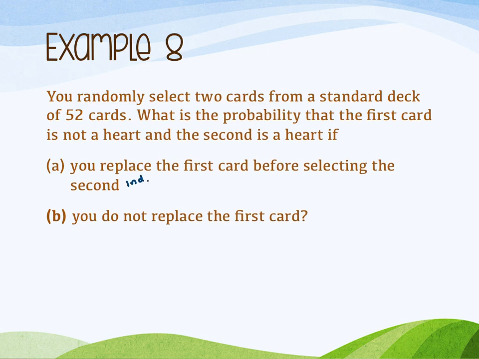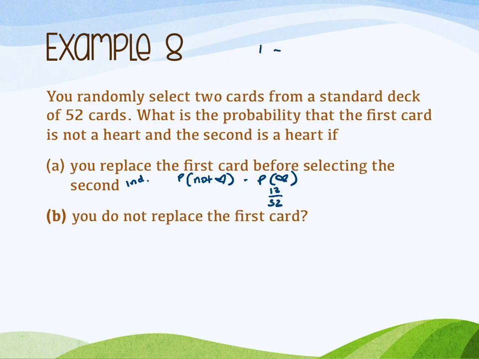It says first card not a heart, so we need the probability that it's not a heart, times the probability it is a heart. This is kind of where a complement might come into play. It's easier to count the hearts than the not hearts because there are more of them, right? How many hearts are in your deck? 13 out of 52.